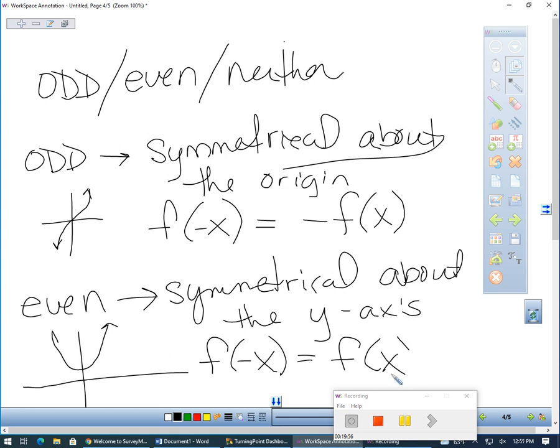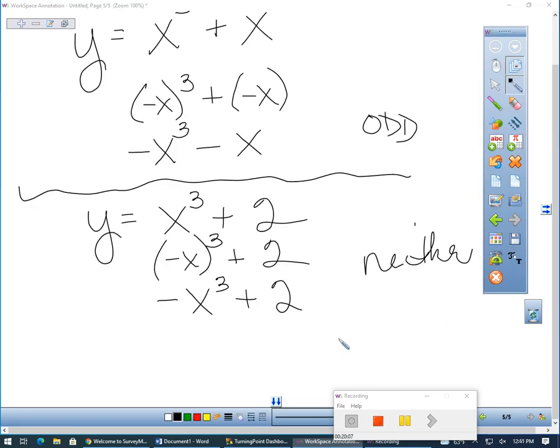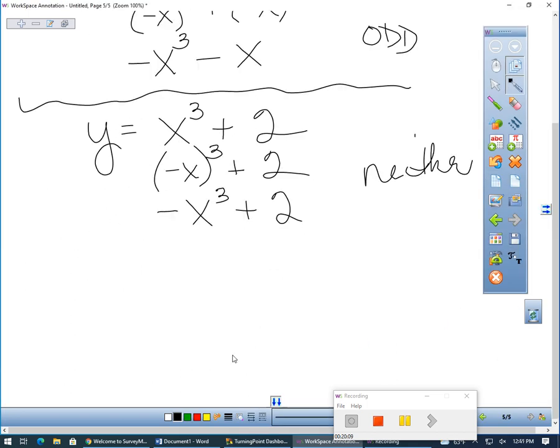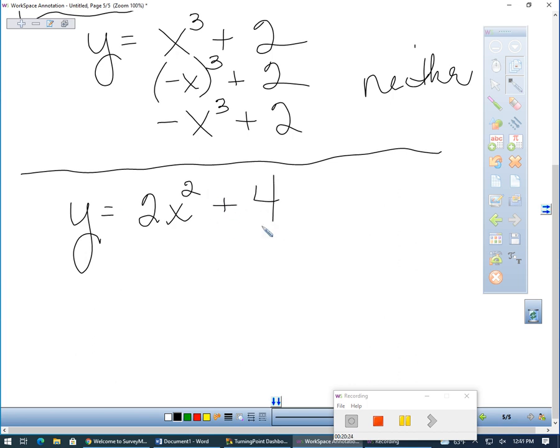Okay? So let's try one of those. You guys can see how that works. So let's say I have y equals 2x squared plus 4.